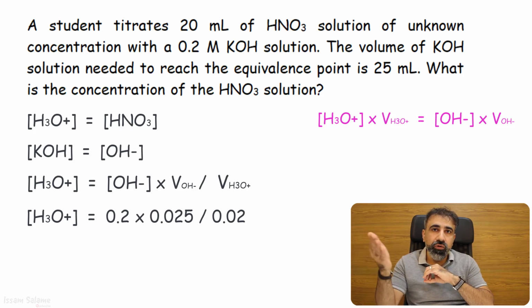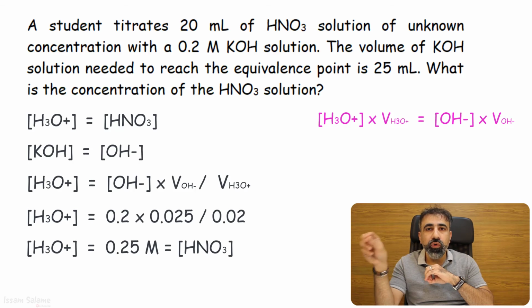I converted the volumes to liters. You are going to have the concentration of hydronium ions equal to 0.25 molar, which is equal to the concentration of nitric acid, since nitric acid is a strong acid.